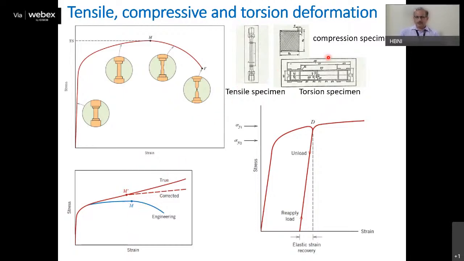Okay. The story is a little bit different in the case of compressive strength measurement, because in the tensile case there is necking and ultimate breaking of the sample. But in compressive stress measurements, there is no such thing.